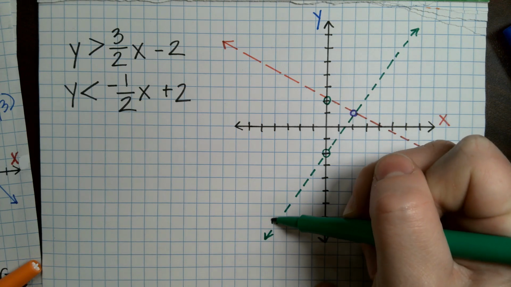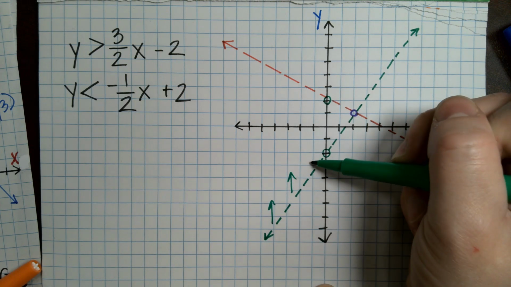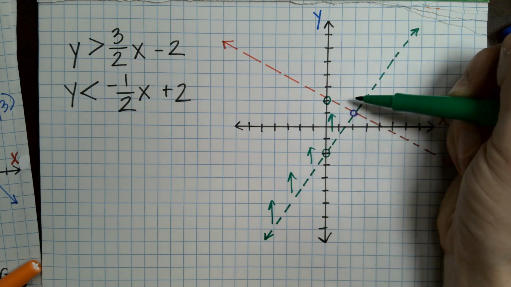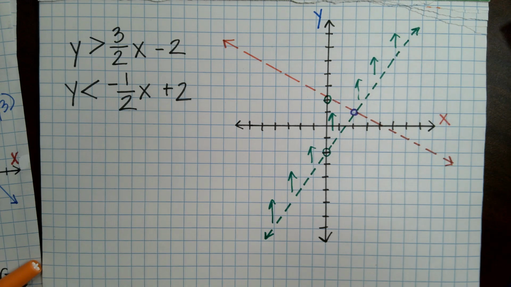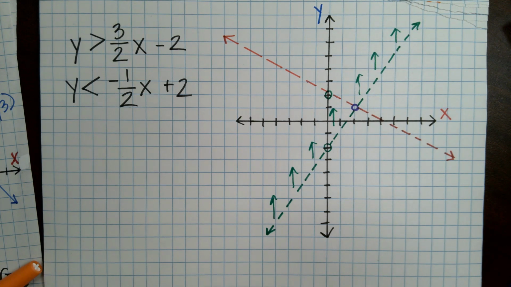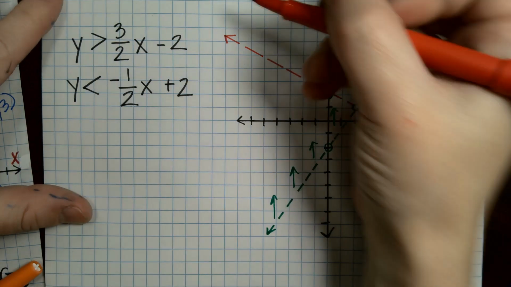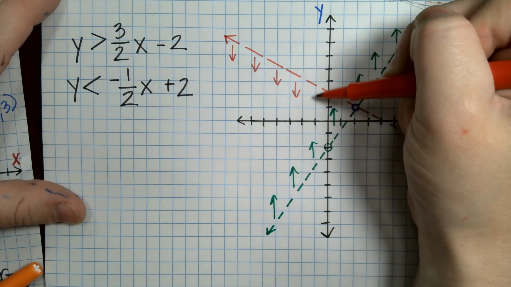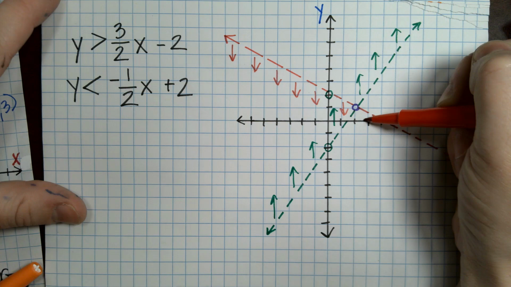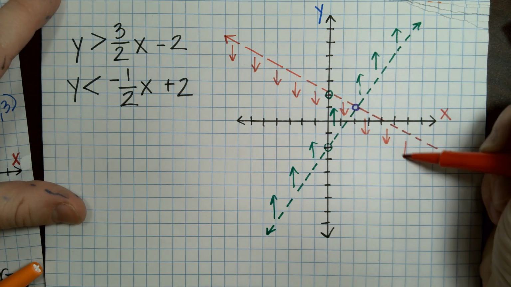I'm just going to draw some arrows that tell me what direction I'm shading on my line. Okay, so I've got my arrows. And what direction do I shade on the second inequality? Down. So again, I'm not going to shade just yet.